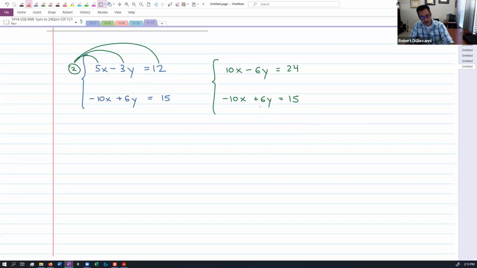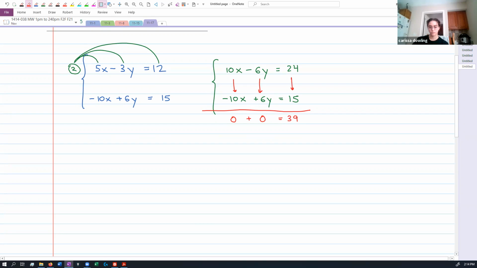You get 0, plus now you add here, oh, the y's went away also, right? Equals what? Add down, 39. What? 0 equals 39. What's going on here? 0 doesn't equal 39.